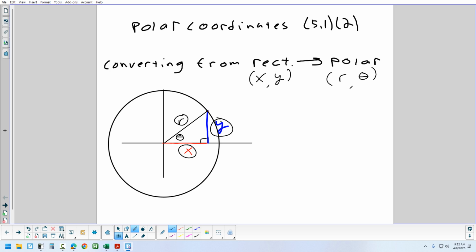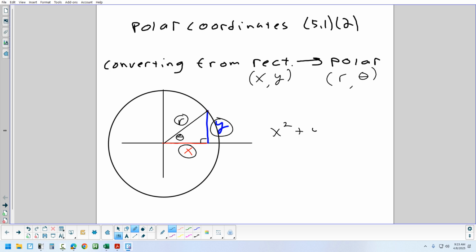Think of it like it's from geometry. A squared plus B squared equals C squared. Yep. The Pythagorean theorem. So can you tell me what the theorem would be using these letters? X squared plus Y squared equals R squared.